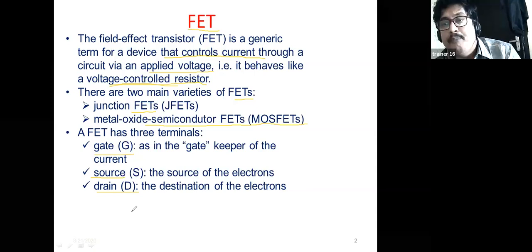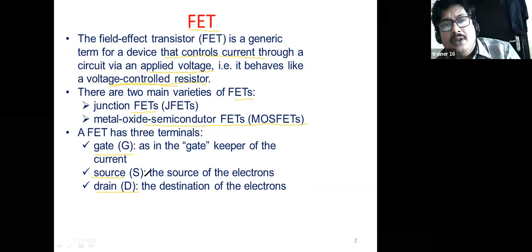Here, the source is the source of the electrons, and the drain is the destination of the electrons. Comparing with the BJT, the source is the emitter. In the emitter, electrons are emitted.